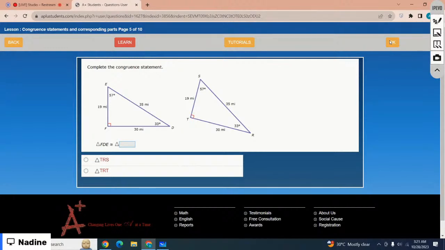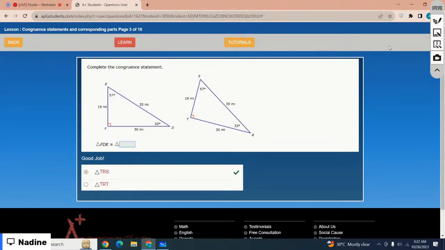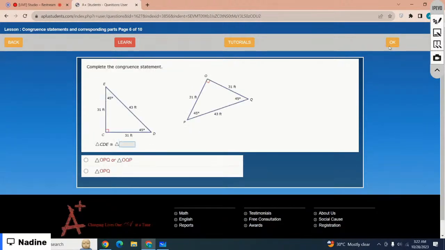Complete the congruence statement. Triangle FTE is congruent to... So option 1 is the correct option. Complete the congruence statement.